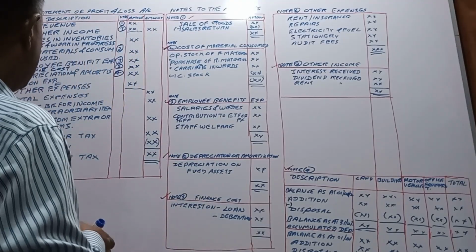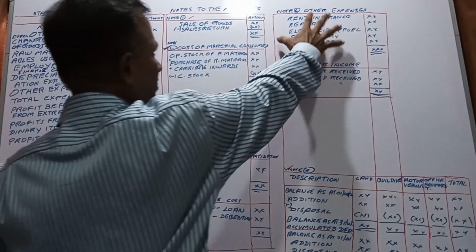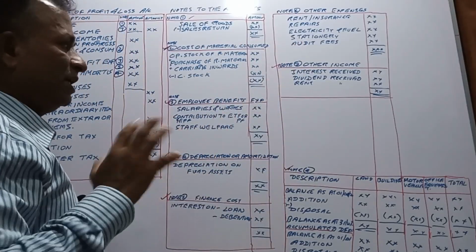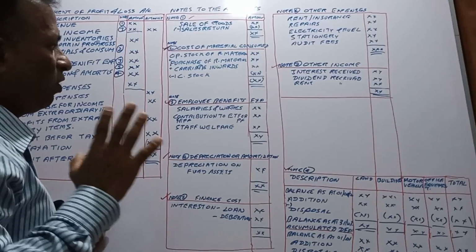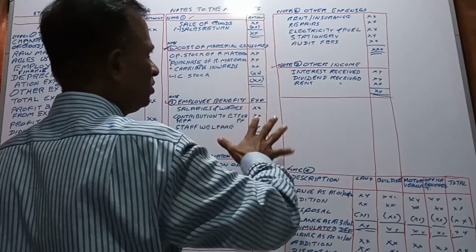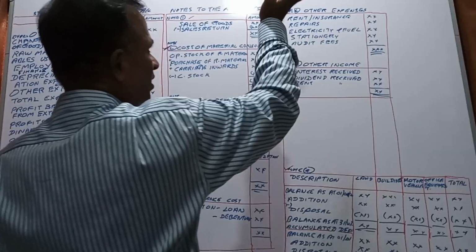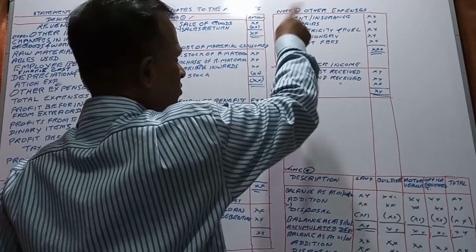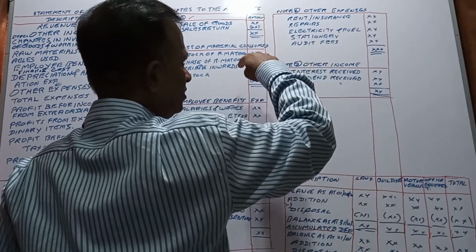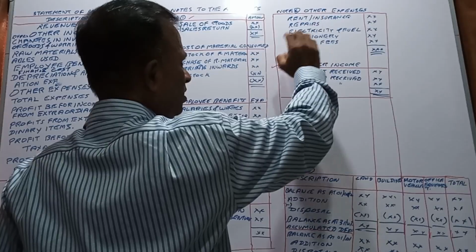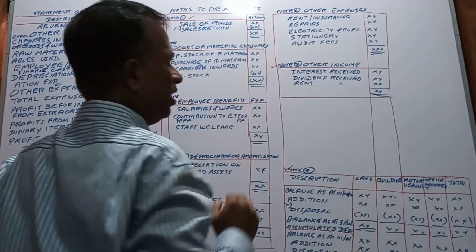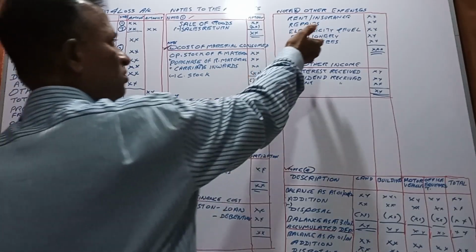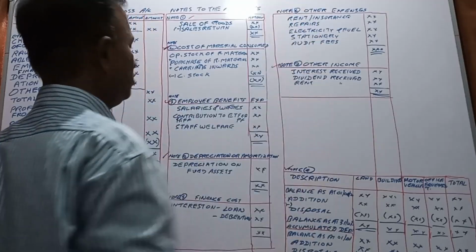Okay, and other expenses. In the other expenses, all the expenses that have not been mentioned in these notes have to be recorded. That means rent, insurance, repairs, electricity bills and fuel, water bill, stationery, audit fees, and sewerage, or all such expenses have to be mentioned in the other expenses.